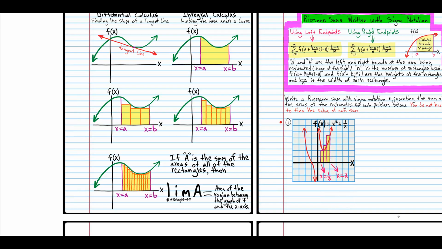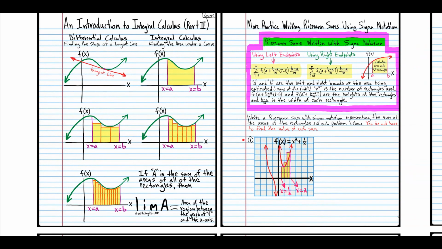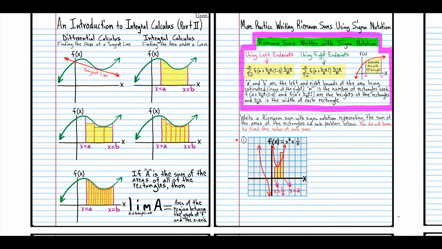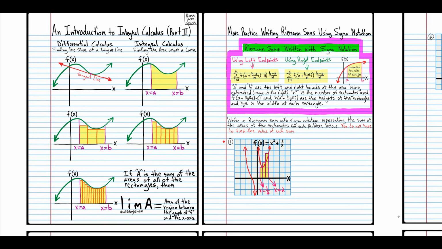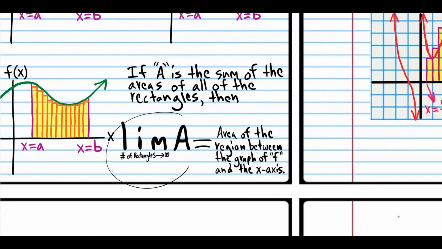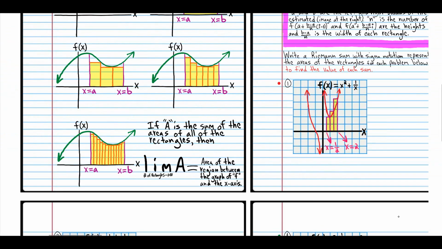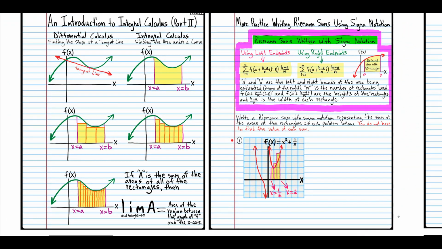And so in the previous class, we learned how to use Riemann sums to estimate the area under the curve. Today we're actually going to use Riemann sums along with the concept of a limit to find the exact area under a curve.